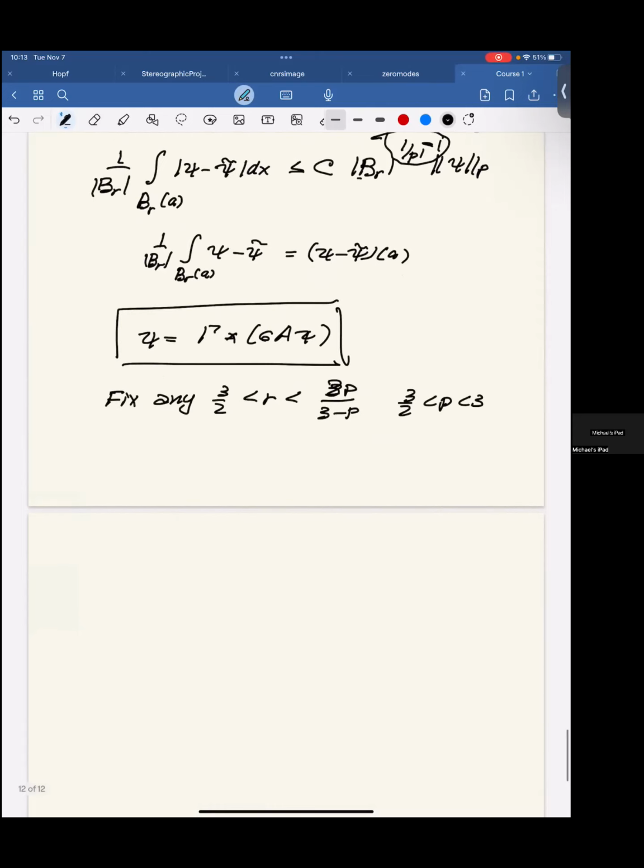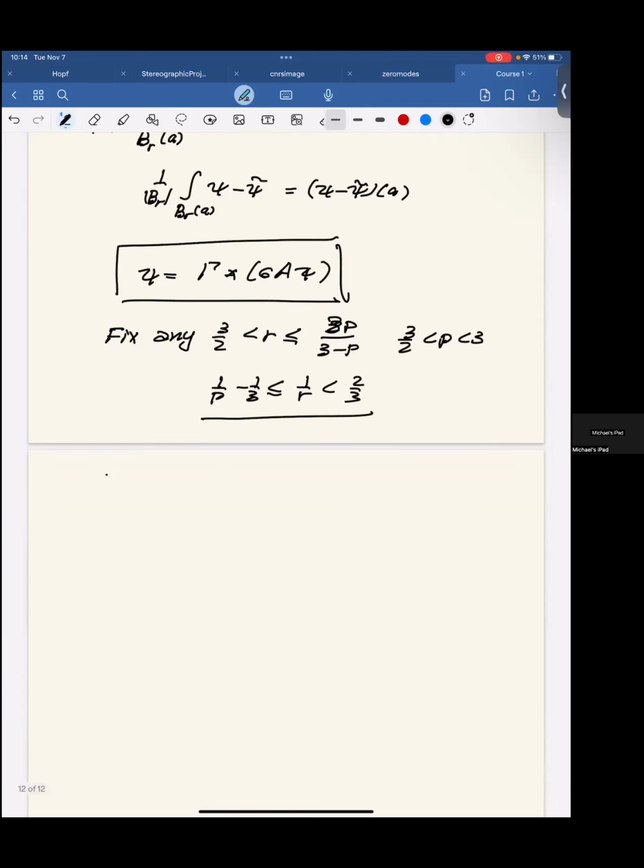By the way, this simply says that 1 over P minus 1/3 is less than or equal to 1 over R. Actually, you can have a less or equal here, less than 2/3, right? And when P is bigger than 3, we simply can choose any R bigger than 3/2, less than infinity, right? So let's fix this. If your P is between these two numbers, you fix the R to be any number here, whatever you like. And here, if the P is bigger than 3, I fix any number between these two.